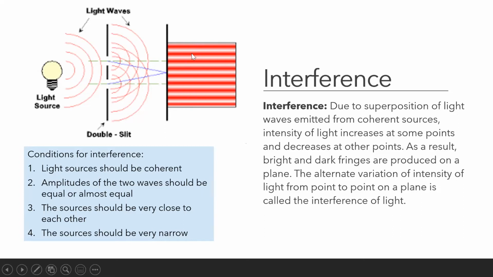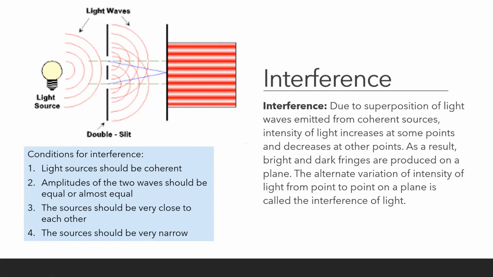See here, there is low intensity, that is dark red, and high intensity white, dark red, white. So you can see alternate variation of intensity. And these bands which have high intensity and low intensity, or bands which are bright and dark, are called fringes.